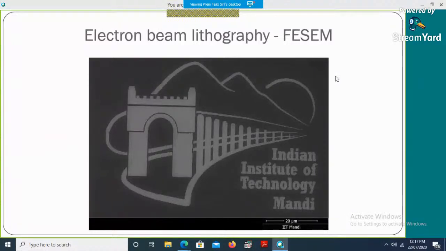The IIT Mandi emblem is created on a silicon wafer by using electron beam lithography in this particular case. So you can not only do the imaging, you can also create patterns on substrates by using electron beam lithography.